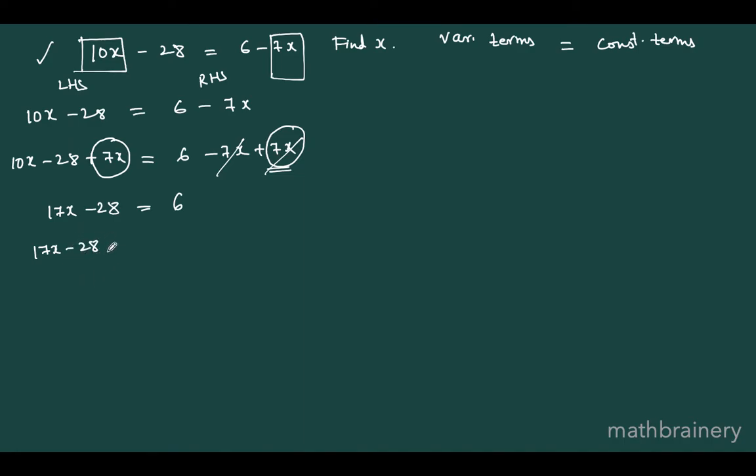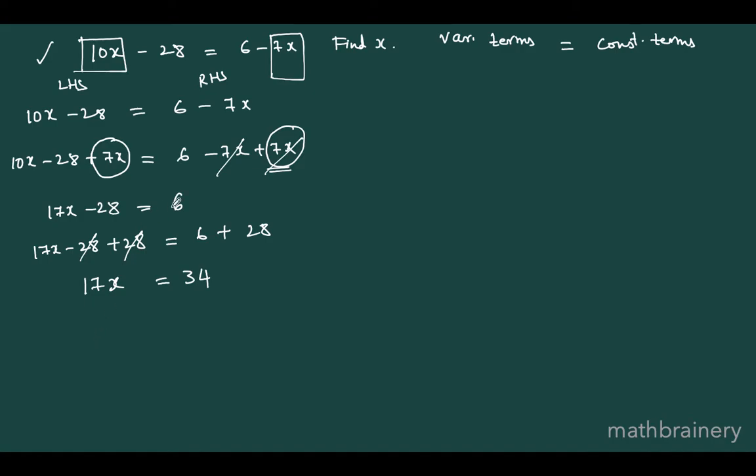If I want to cancel this off, I need to add a positive 28. Isn't it? Now when I am adding an extra quantity here, I will be doing the same operation to the other side. Now you see minus 28 plus 28 will be cancelled. Now your left hand side only has a variable term and the right hand side is 6 plus 28, which is 34. Now the right hand side has only the constant term.